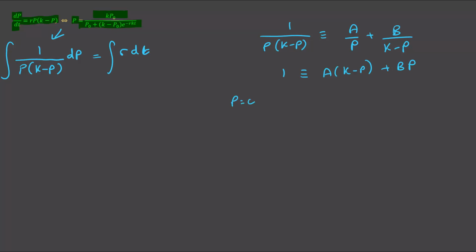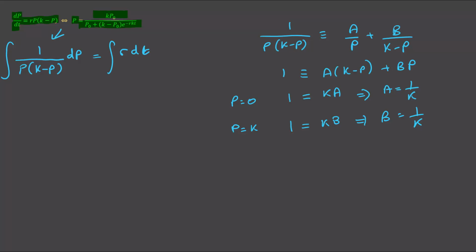So if we take p equal to 0, we get 1 equals ka, and therefore a is equal to 1 over k. If I take p equal to k, I get 1 equals kb, which means that b is equal to 1 over k.